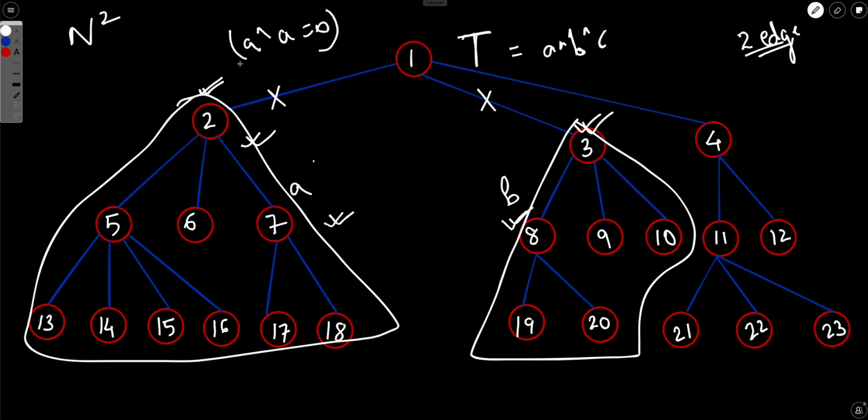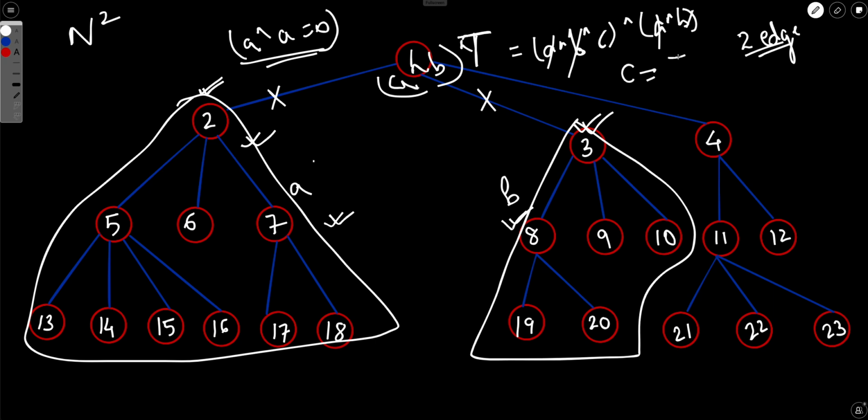So we can utilize this and just do an XOR of A XOR B on both sides. If you do A XOR B on both sides, this A and this A will be cancelled out, and this B and this B will be cancelled out. Basically, they will be 0, and 0 XOR C will be C. So in a way, what you get is C equals T XOR A XOR B, right? So that's what you get.